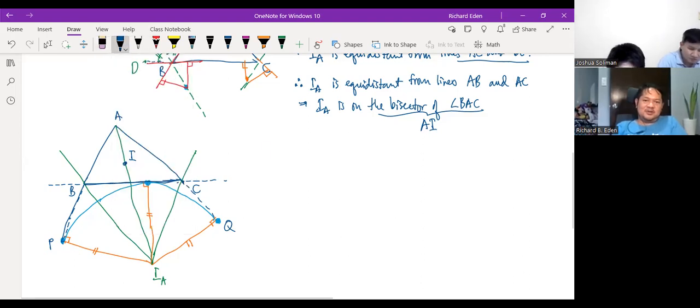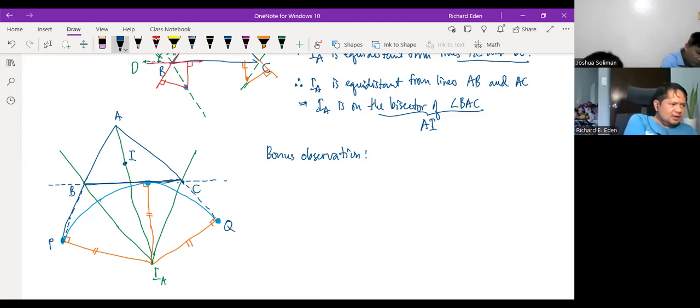So some bonus observations. Bonus observation from this figure is that, with PQ and then, if we call this, but I hesitate to use R as again PQ big S. So bonus observation.